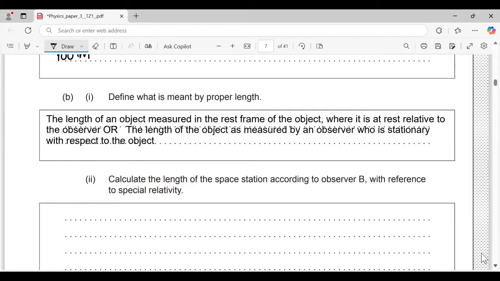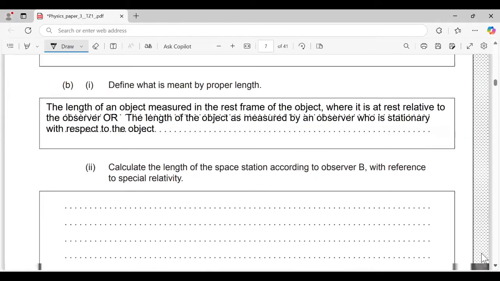Calculate the length of the space station according to observer B with reference to special relativity.